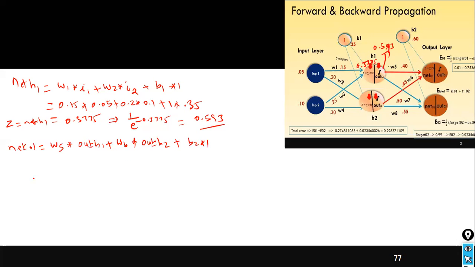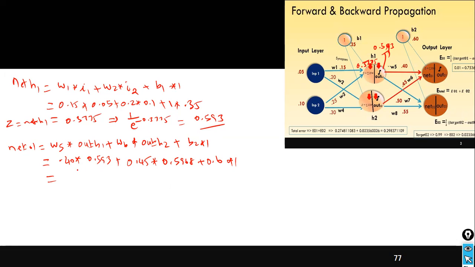So what value are we getting here? W5 is 0.40 into out H1, which is 0.593 as I mentioned, plus W6, which is 0.45 in this case, into out H2, which is let's say 0.5968, plus 0.6 into 1. If you solve this, you will get net O1.